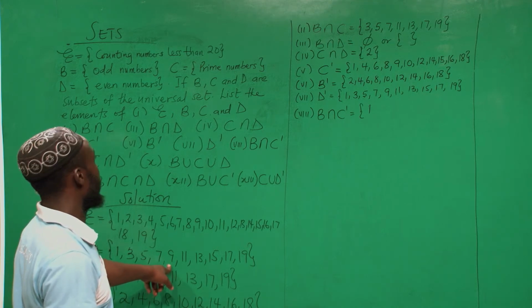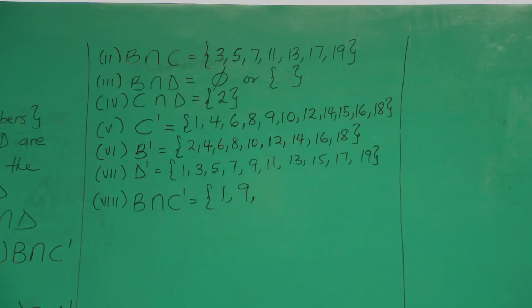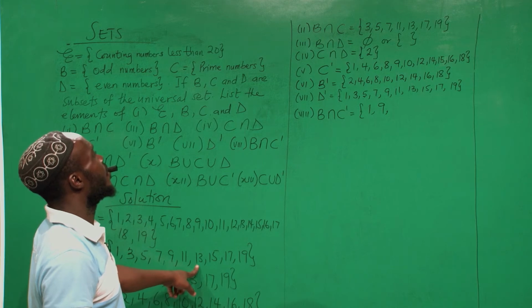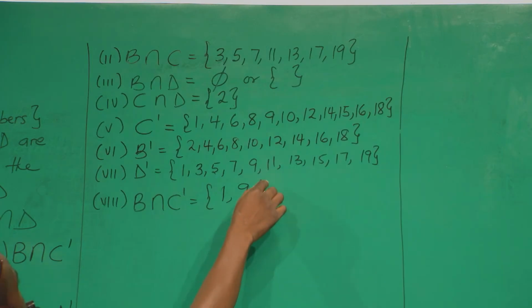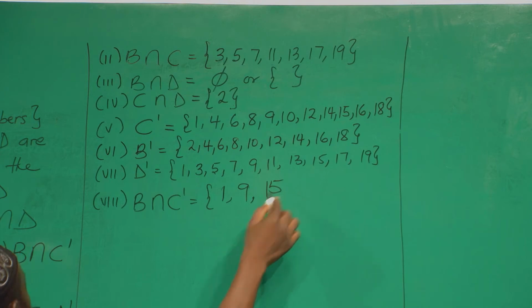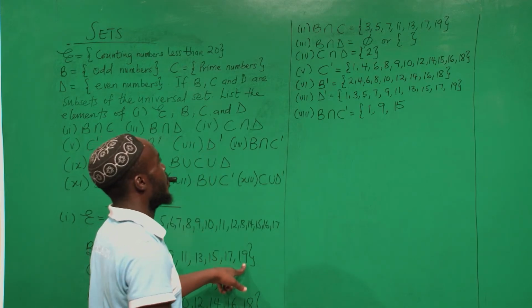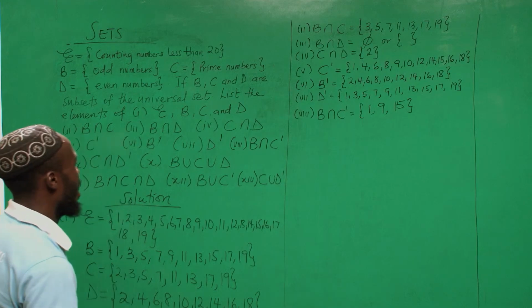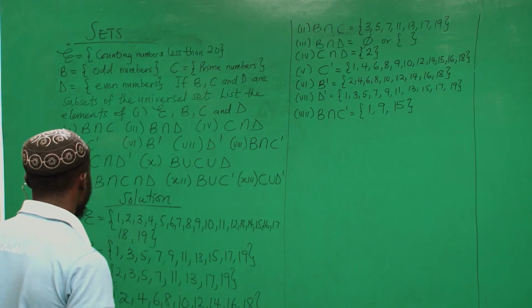There is 9, so 9 is also common. Then 11, there is no 11. 13, there is no 13. 15, so 15 is also common. 16 is not there, 18, 19 is not there. So we have 1, 9, 15 as the answer.